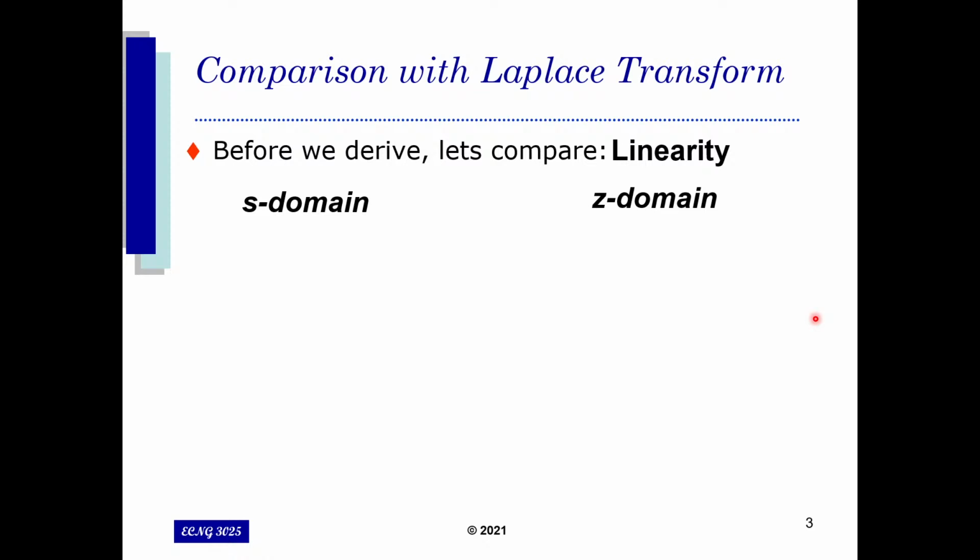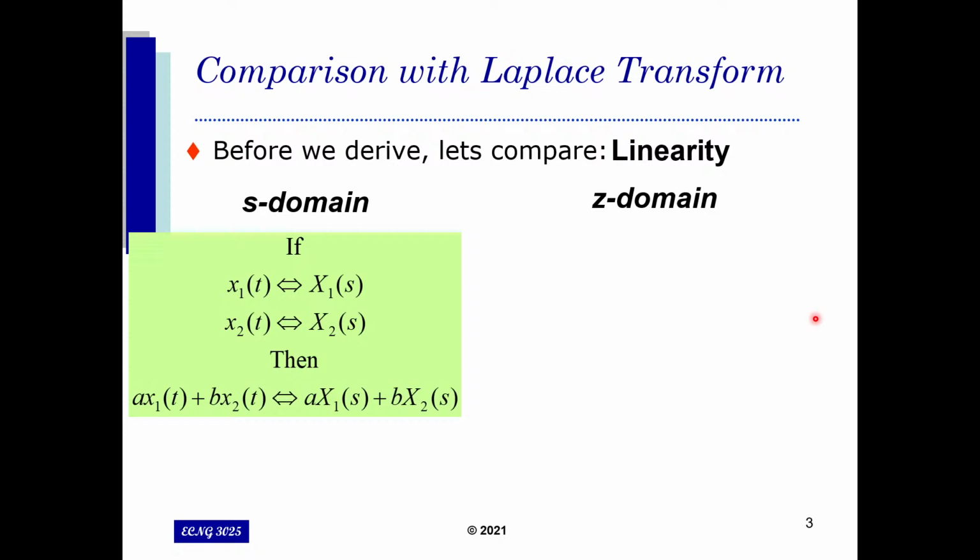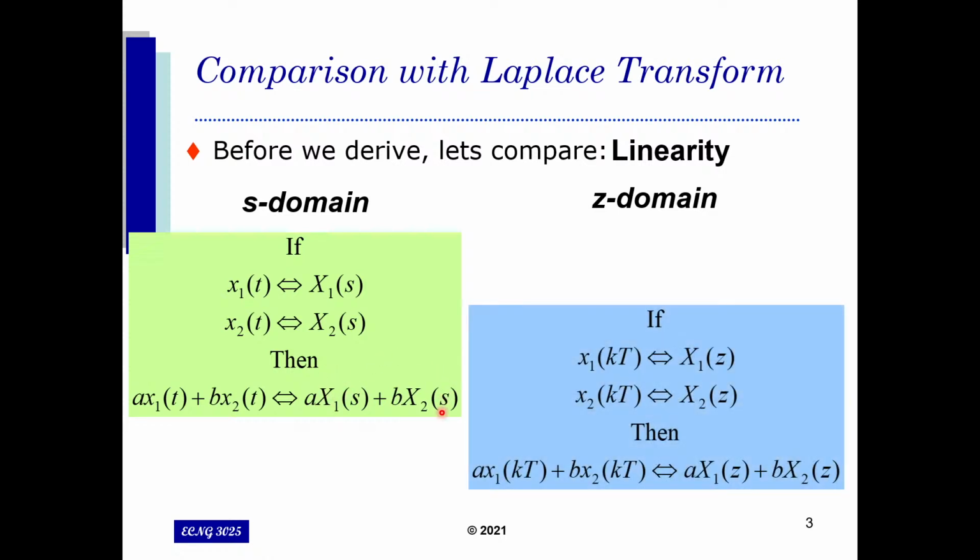We need to compare a few properties between the Laplace domain and the Z domain. For the linearity property, where we had x1 of t and x2 of t multiplied by constant scalars a and b, these scalars do not transform, they just transfer across directly for the s counterparts as well. The same holds true for the Z-transform: any scalars multiplied by x1 of kt and x2 of kt are just directly transferred across into the Z domain as well.